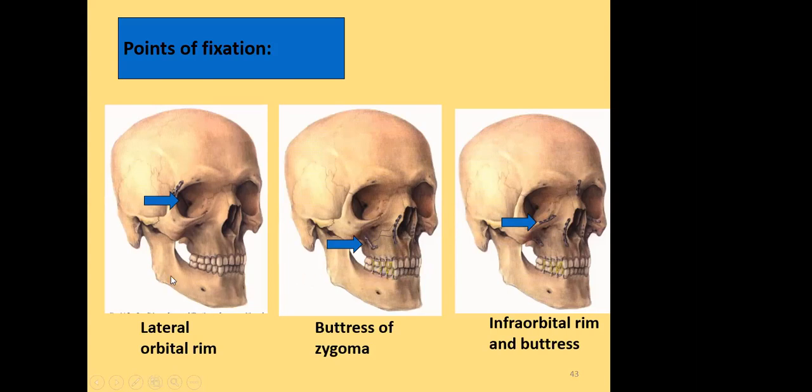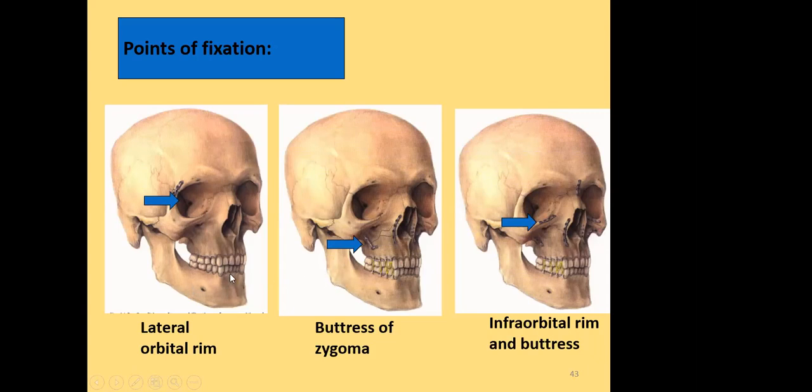And when I was talking about occlusion, this is occlusion. You want to achieve the normal occlusion. This is a normal occlusion, where the maxillary teeth align on the mandibular teeth in the occlusal plane. So the occlusal plane is this one. That means they are completely balanced on this side and on that side, and even the posterior and the anterior are completely balanced.